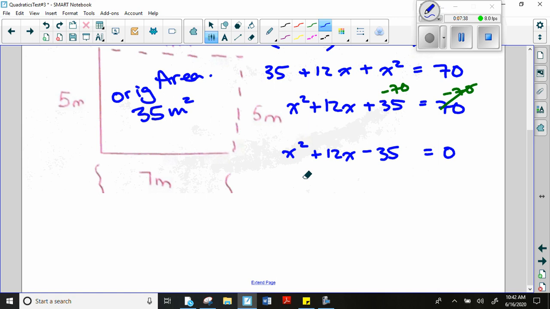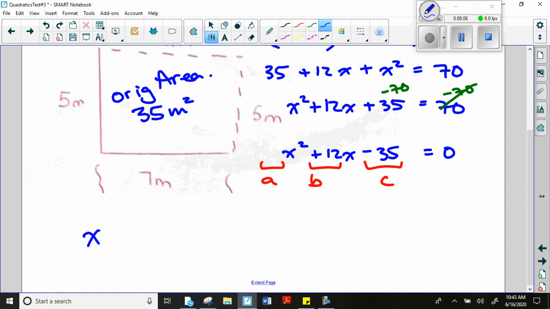Can I factor that? Two numbers that give us negative 35 and add to give us positive 12? No, it's the negative that throws that off. Okay, so our A value, our B value, our C value. If this was a minus and that was a plus, then it would work out, but the signs are why we can't factor that.